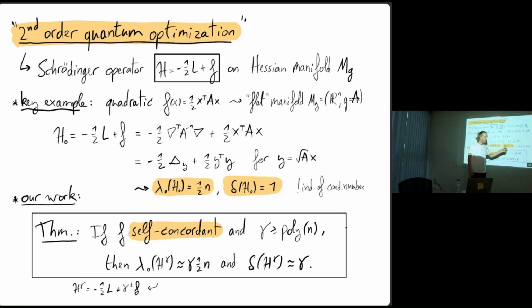If there exists such a self-concordant function F, we can choose some gamma that's at least some polynomial, such that the ground state energy and the spectral gap will be gamma times this after some lower order corrections. Again, this is a statement about this semiclassical operator where we scale F with gamma squared.